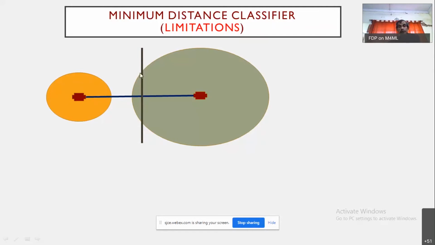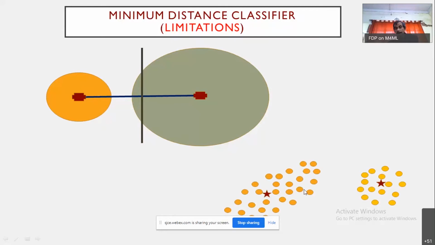But that's not true. This is an error. The boundary should have been in between these two, but it is not. So this classifier has many limitations. The error is not minimum. The error is not very small if this big class actually eats up the smaller class.